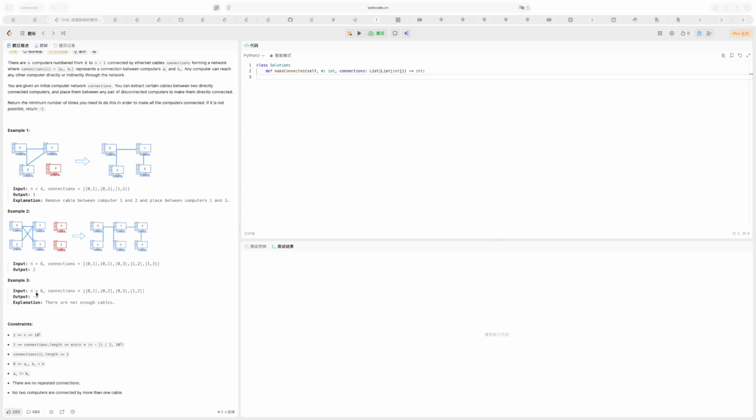Okay, so example 3, there are 6 computers, but there are only 0-1, 0-2, 0-3, and 1-2. Okay, so basically 0-1, 0-2, 0-3, 1-2.